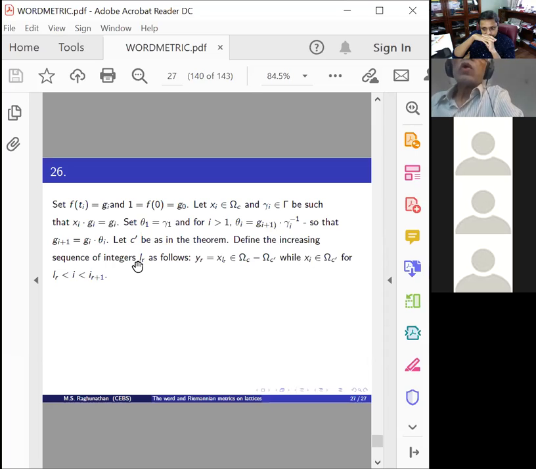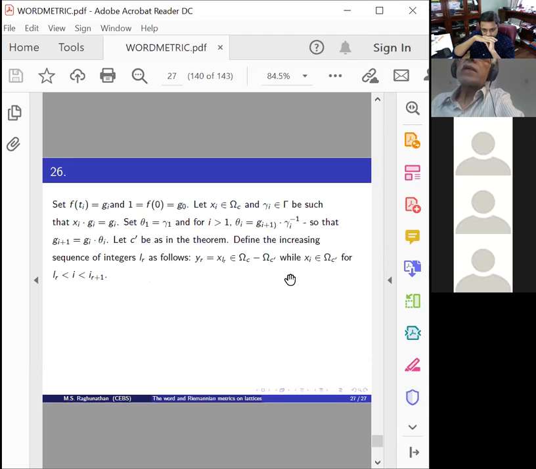So L_r are defined among the i's as follows: y_r should be equal to ξ_{L_r} with ξ_{L_r} belonging to this compact set. So when you go along, some of the g_i you translate by γ_i will go into the Siegel domain, of course, but some of them may go into the compact set, some of them will not.